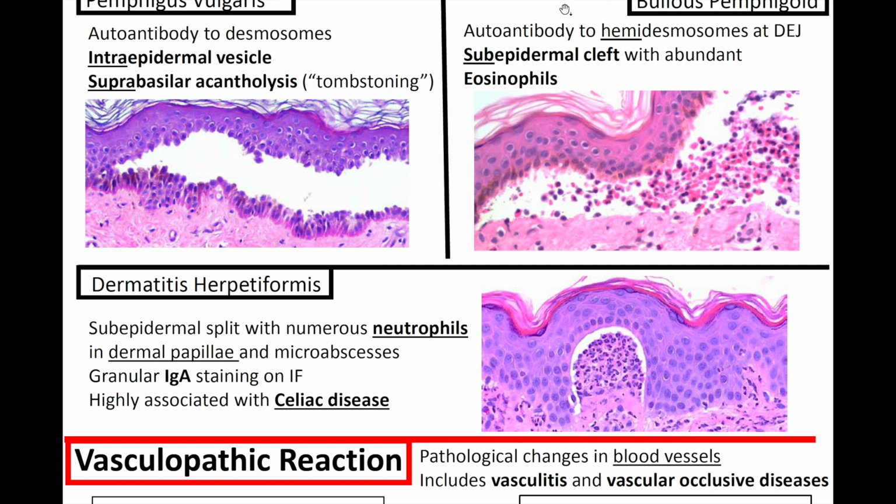We also have bullous pemphigoid, which is caused by autoantibodies to the hemidesmosomes at the dermo-epidermal junction. Pemphigus vulgaris, autoantibody to desmosomes. Bullous pemphigoid, this is an autoantibody to the hemidesmosomes. And this is a subepidermal cleft with abundant eosinophils.